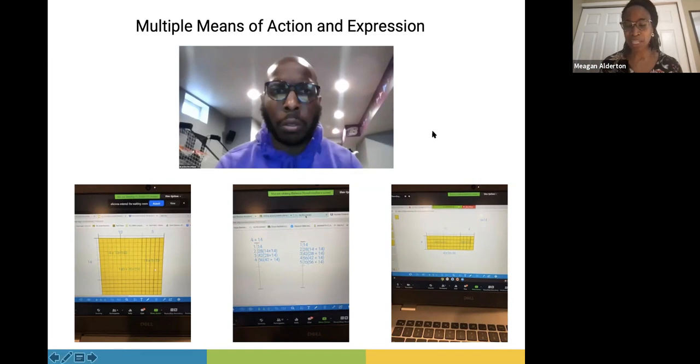But it's really exciting to see, particularly the one in the middle. You had one student who came up with a completely different way of using the area model software to express her learning. So oftentimes, even when we give the kids options, they may come up with a third or a fourth that you didn't even think of, but it's absolutely astounding and shows that they completely understood the concepts that were presented.